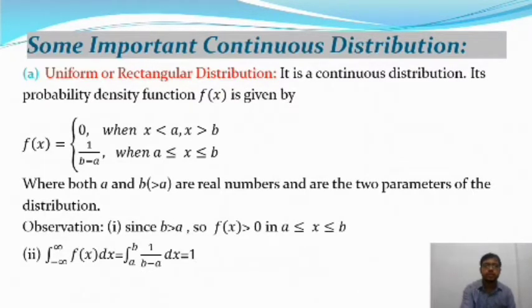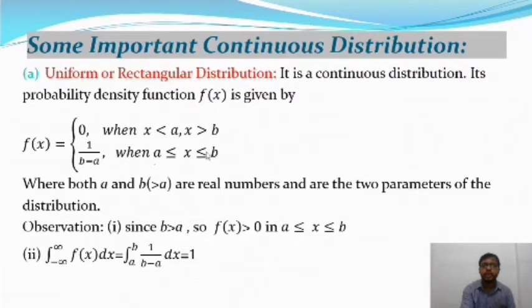So this distribution is a continuous distribution, with a probability density function f(x), given by f(x) equal to 0 when x is less than a or x is greater than b, and it is equal to 1 by (b minus a) when a is less than or equal to x less than or equal to b.